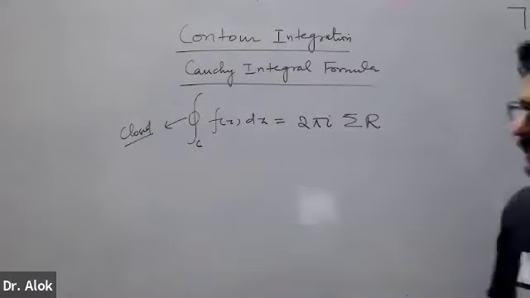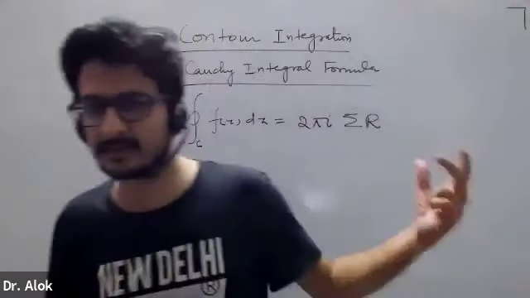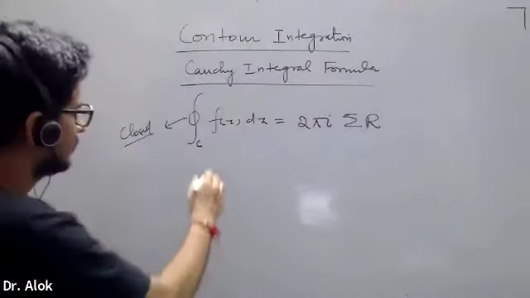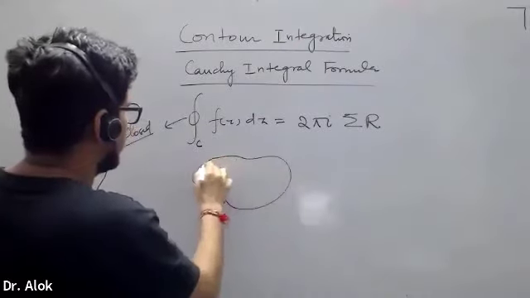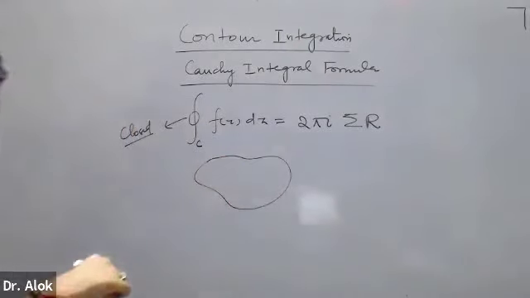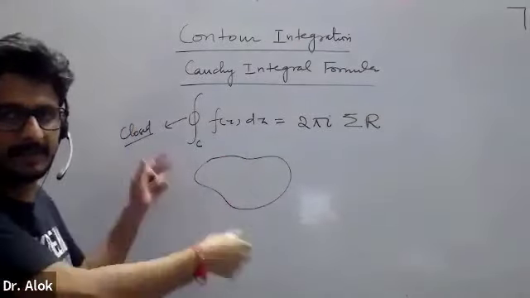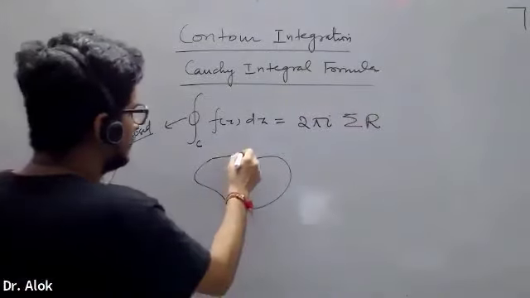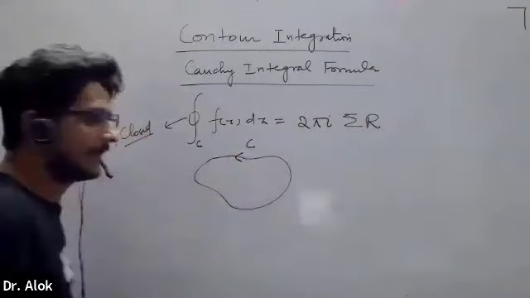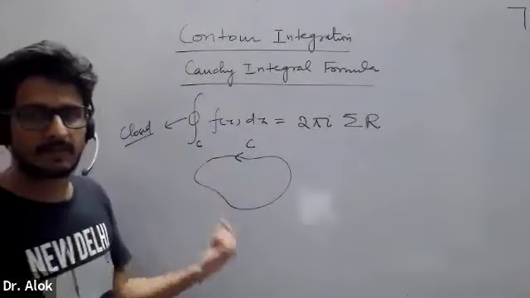Let me first of all tell you what is the meaning of this contour. So contour is any thing like this, any closed curve like this. It may be ellipse, it may be circle, it may be random like this, and this arrow tells you about the sense of rotation.